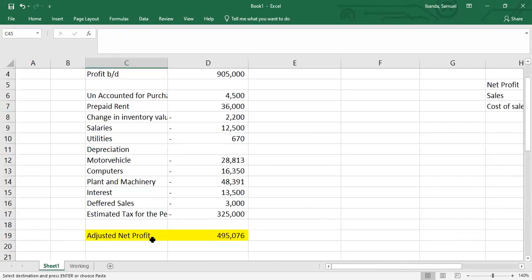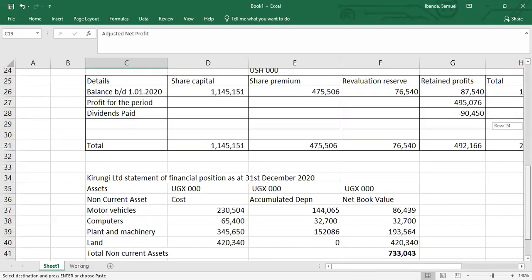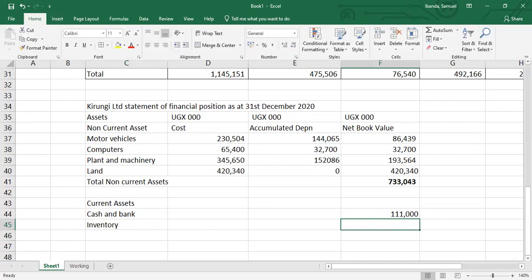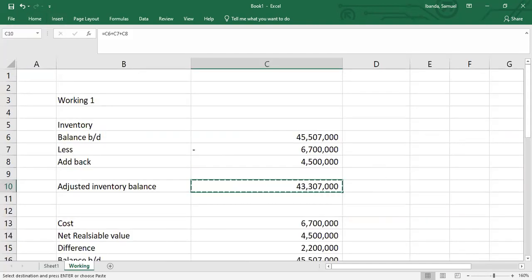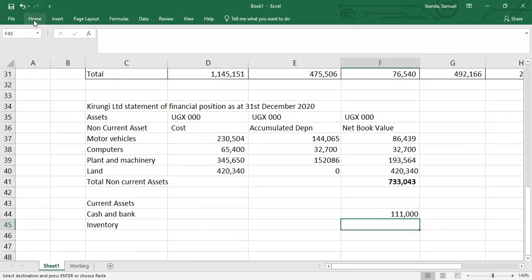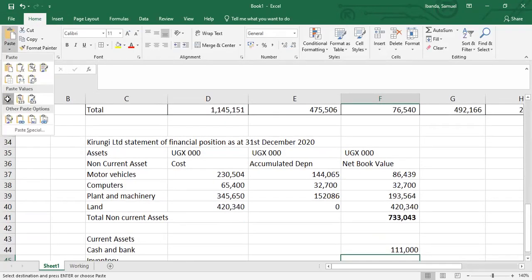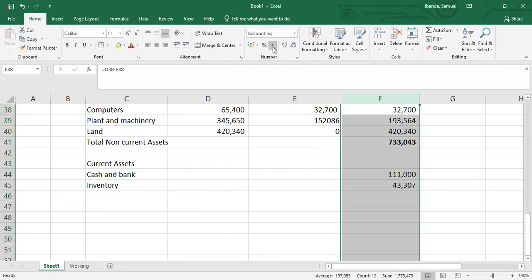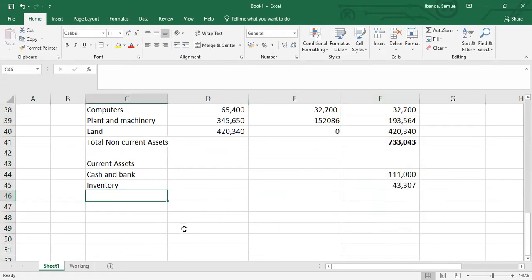So that is the value that I would definitely want to work with, just like the way I adjusted my profit. So this is inventory. I'll put it there. Just in case there was also some information that would affect your cash and bank, you definitely also have to come and adjust it.